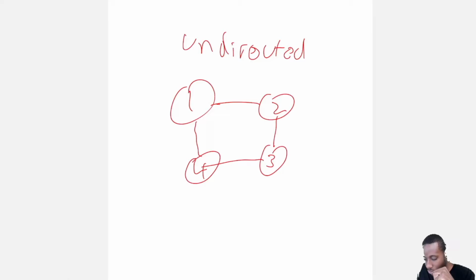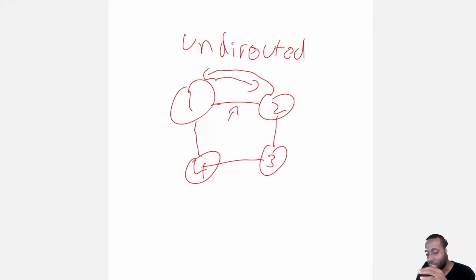In this example, this edge is bidirectional, so it can go in either direction. We can go from 1 to 2, or we can go from 2 to 1, because of this edge. This represents an undirected graph.